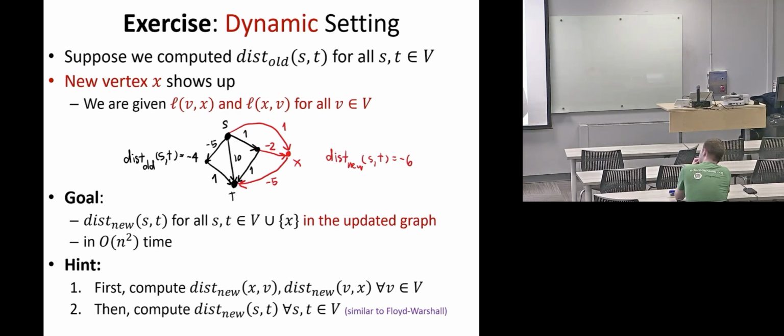But now suppose that a single new node X appears. You have this graph, and now a new node appears, and you are told the weights of the edges incident to X. Basically, the length from everyone to X and from X to everyone is given to you.